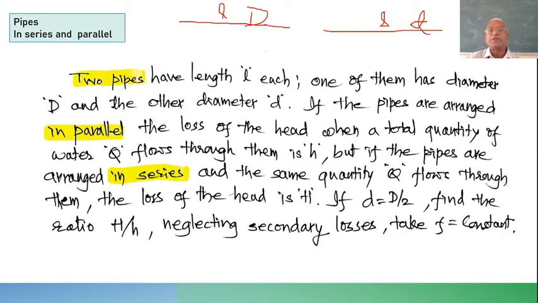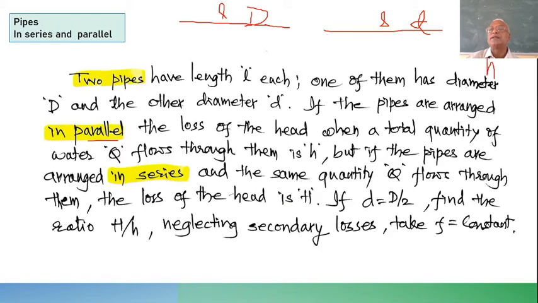If the pipes are arranged in parallel, the loss of head when a total quantity of discharge is Q. So in both the cases, if the total discharge is Q and they are arranged in parallel manner, the head loss is h.